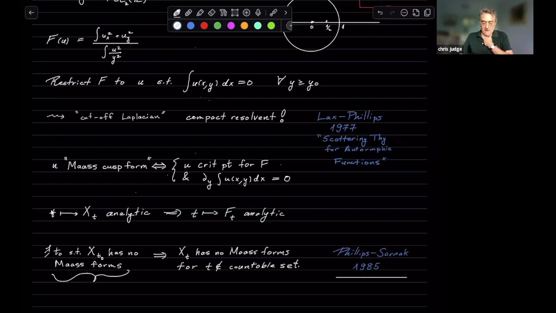Okay, so that's the other application. Notice that this application is a little bit different than the other one because this one has to do with the u's, not the lambdas, right? So here we're using the fact that the u's are analytic to understand this condition. This condition depends analytically on t because the u's depend analytically on t.